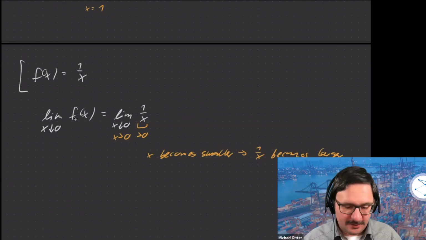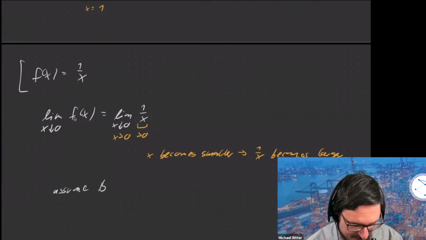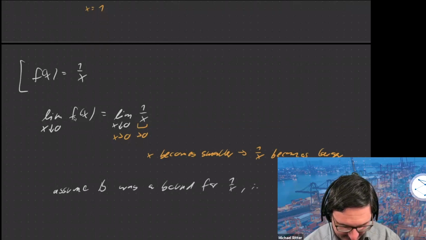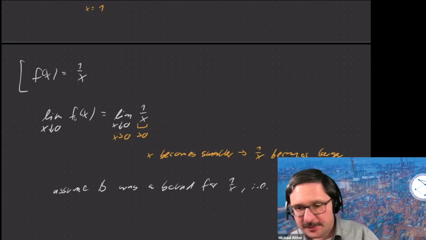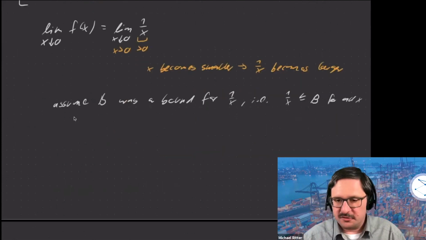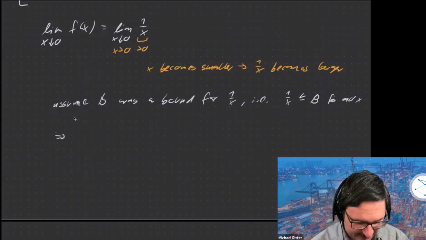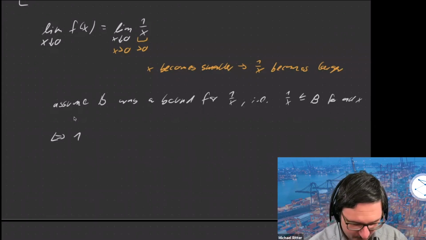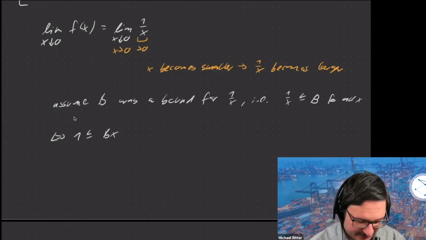For every possible bound, let's say b was a bound for 1 over x, meaning 1 over x would be less or equal to b for all x. Well, can we prove that this cannot be true? Of course, we can do that. We just have to make x sufficiently small. 1 over x is less or equal to b if and only if 1 is less or equal to bx. We know that x is positive, so we can do that.